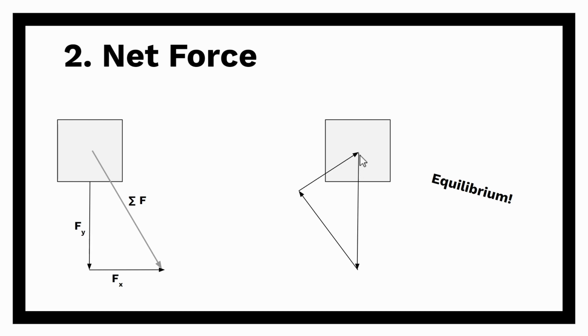And same with y. This one goes down, and you could say 5 newtons or whatever, and then this one goes up a little more than halfway, and then this last one kind of covers the distance, right? So the x and y components all cancel out, and they end up right back in the middle.